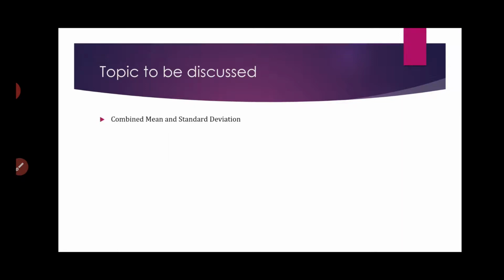And the first topic we are going to take up is the combined mean and standard deviation. And then we are going to take up the next topic, which is median, quartile, decile and percentile. Although decile and percentile are no more part of the syllabus, we are just going to discuss them briefly just to give you the idea. So let us begin.